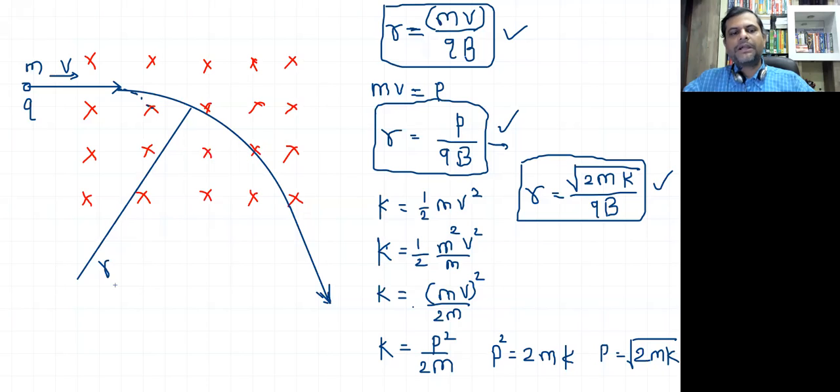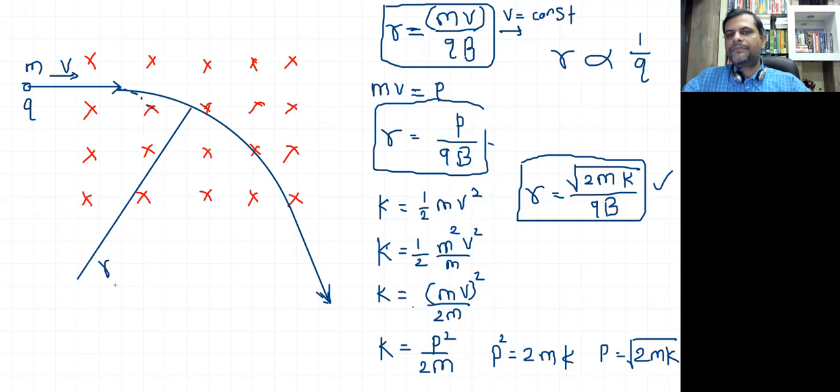So if you want to compare the radius of different particles which are thrown with the common velocity, okay, if it is given that the velocity of the particles is going to be the same, then radius, देखो ठीक से यहाँ पे, अगर velocity same होगा सभी का, तो उस केस में radius actually किसके ऊपर डिपेंड करेगा? तो वो डिपेंड करेगा चार्ज के ऊपर, और वो भी इनवर्सली. देखो ठीक से, if v is constant here, then we can say that r will depend inversely on charge.